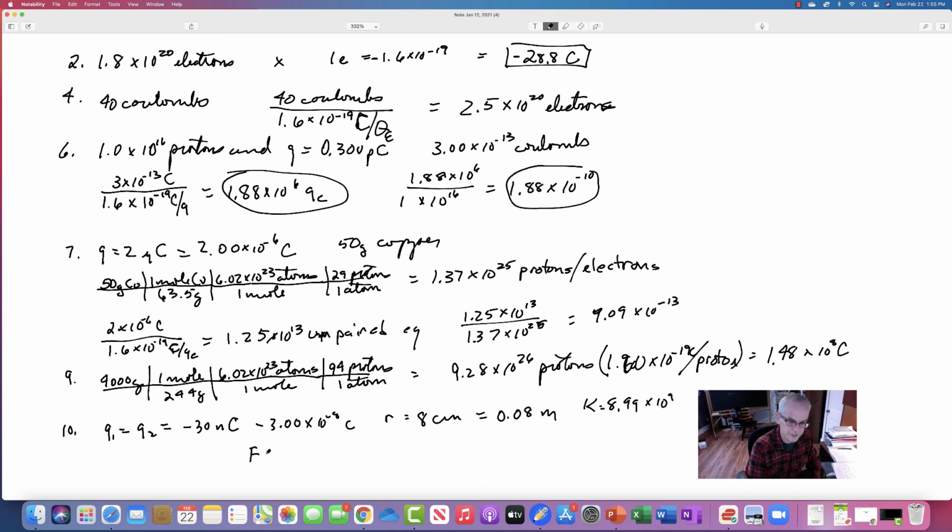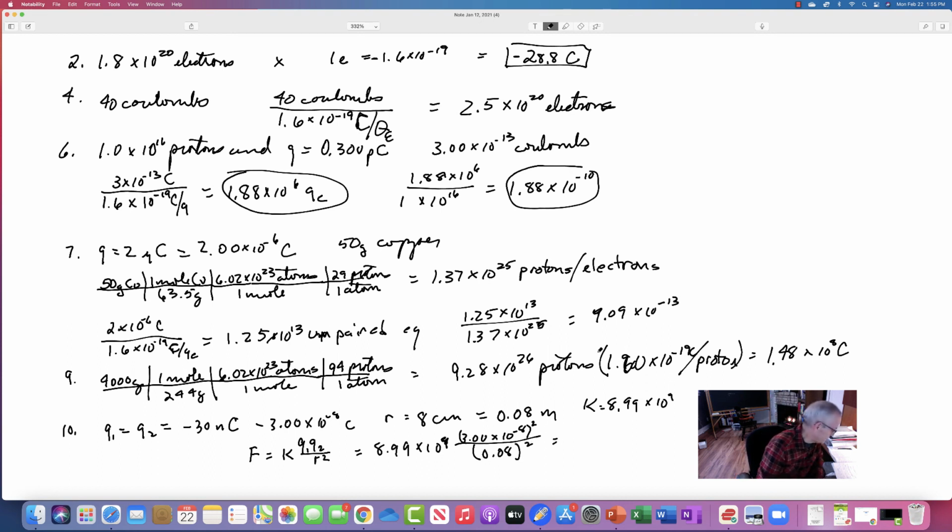So F, which is what we want, is going to be K Q1 Q2 over R squared, which is equal to 8.99 times 10 to the 9th, times 3.00 times 10 to the minus 8, and we'll just square that since they're both the same, divided by 0.08 squared.